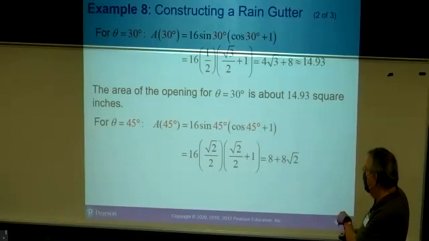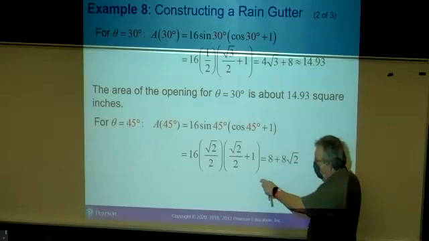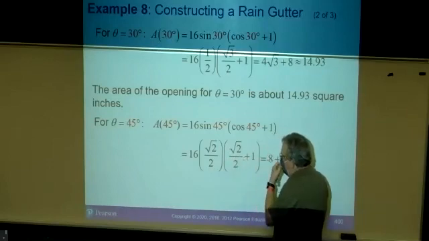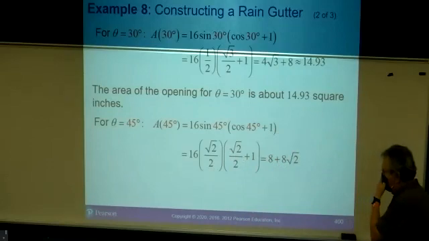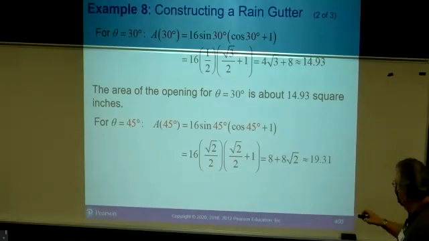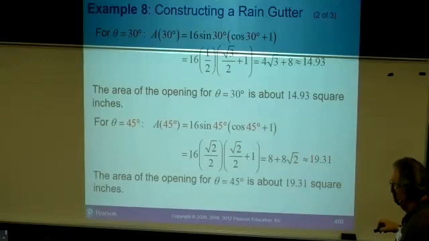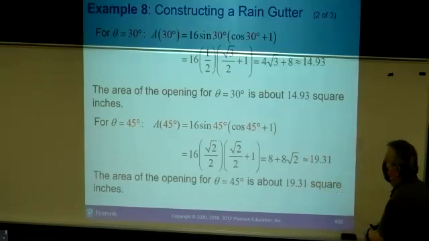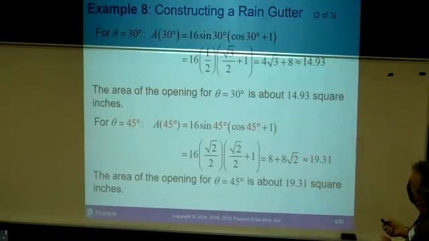Because you're dividing by 2 twice. So we have about 19.31 square inches at a 45 degree angle, which is more than the 30 degree.